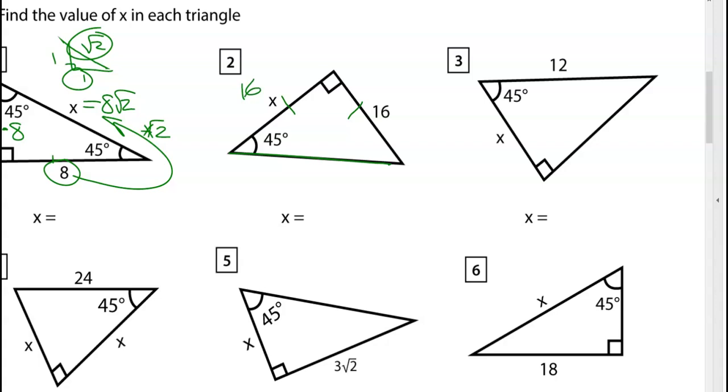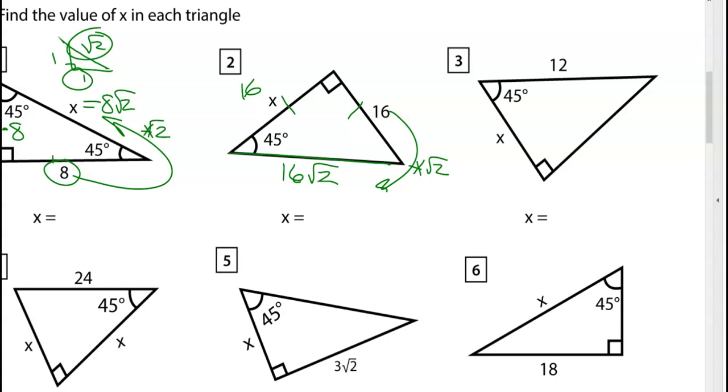So this is an isosceles right triangle, and the x value is 16. If I wanted to go to the hypotenuse, again using that 1, 1, root 2, the hypotenuse is root 2 times longer than 16, so 16 times root 2 is 16 root 2.